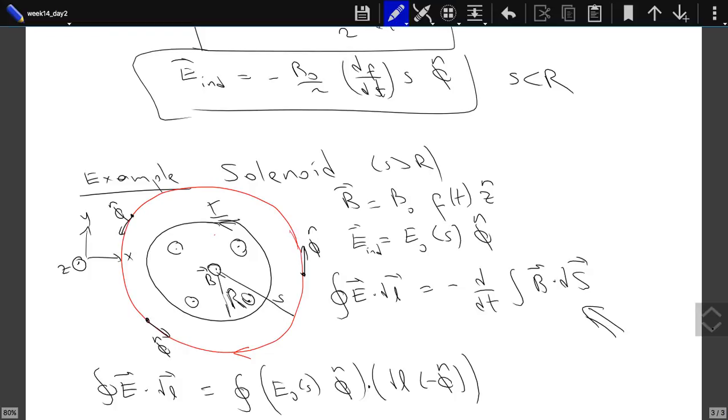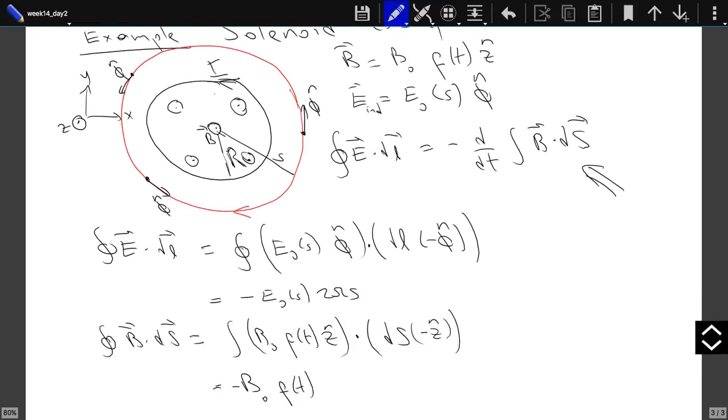So I divide my area integral into two regions: the sum over this area inside the solenoid plus the sum over the area in this rim between the solenoid and my ring. In this region, B is 0, so there's no contribution to my integral. The only contribution to my integral is from this region. And the area of this region is pi r squared.